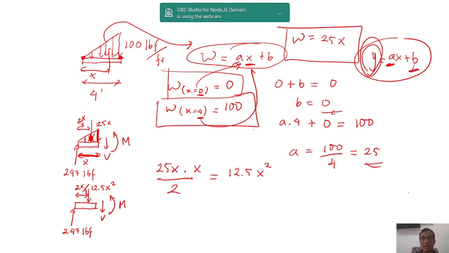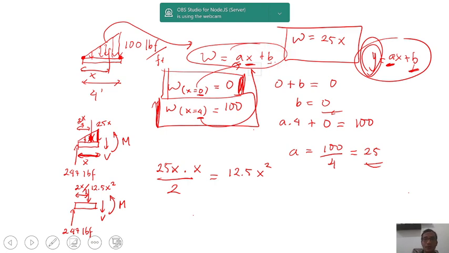Using the values that we know, at x equal to 0, the w is 0, and at x equal to 4, the w is 100, because we know this value already from the problem they gave to us. We can put it here in order to find out the a and b.